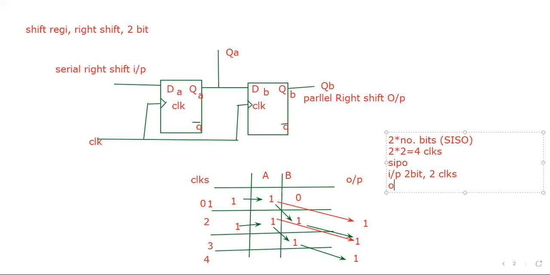And for output, we require only 1 bit; output would be shifted on the same bit. So in this case, we require a maximum of 3 clocks. So SIPO is more effective compared to SISO, or it provides us higher speed.